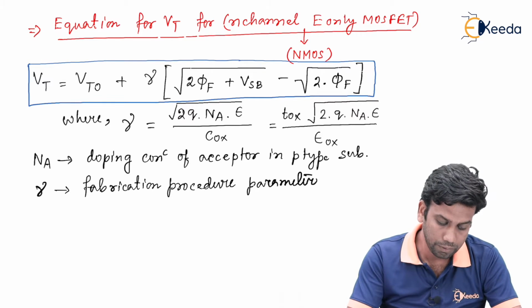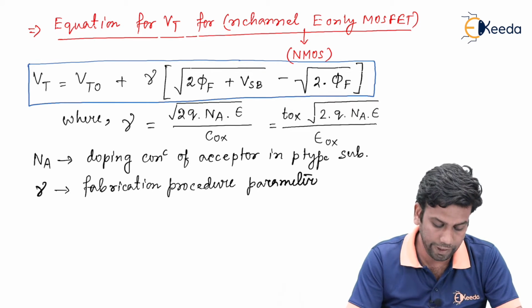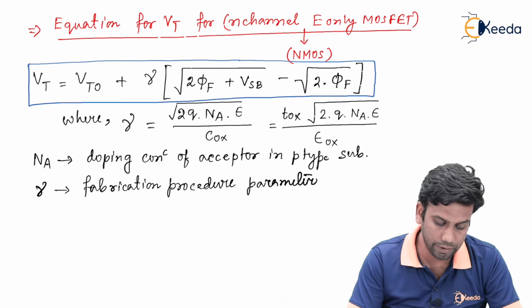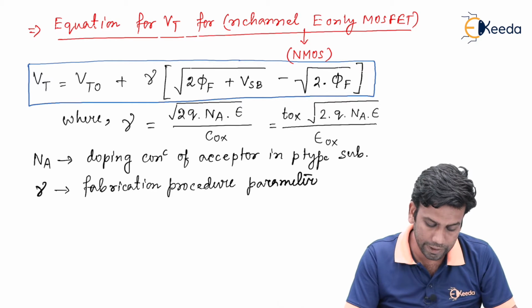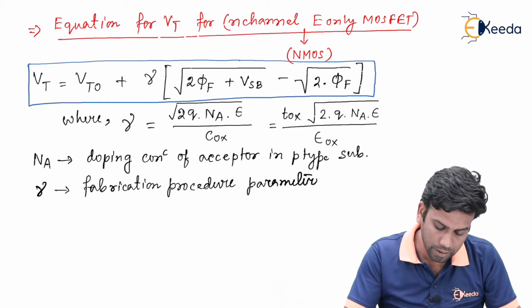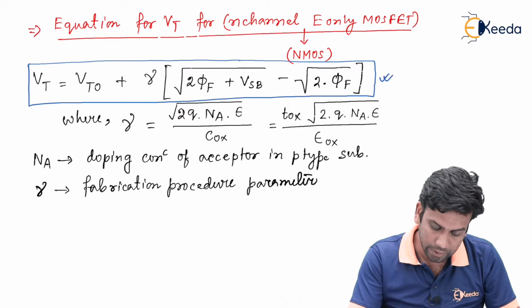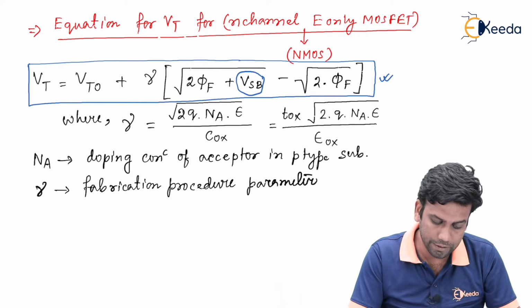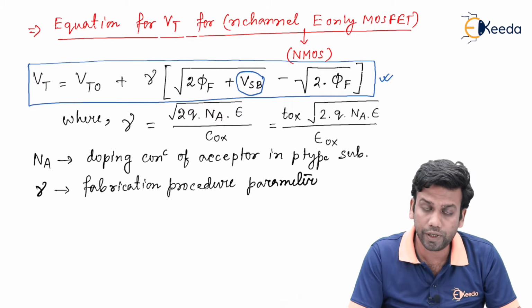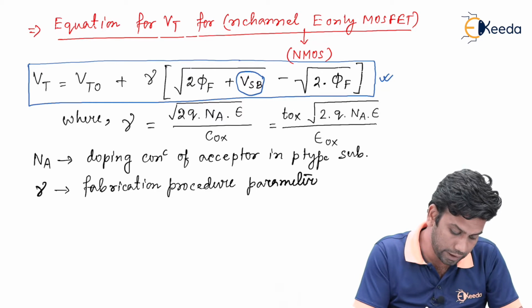Now we have to decrease the value of this threshold voltage. We can see from this equation that if the substrate voltage has a small variation, then it will give a small variation in the threshold voltage also.